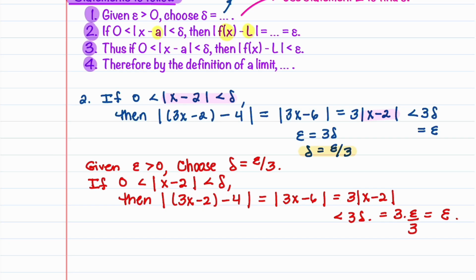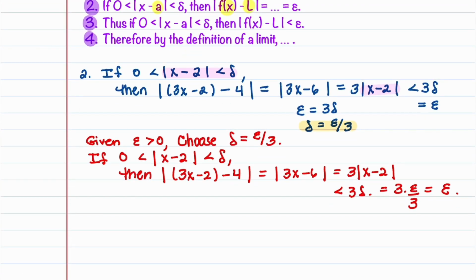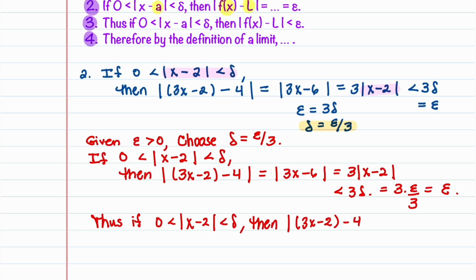Now let's look up at statement 3. It starts with a thus. So we're going to write down thus. If 0 is less than the absolute value of x minus 2 is less than delta, then the absolute value of 3x minus 2 minus 4 is less than epsilon, period. One more. Let's look up at statement 4.